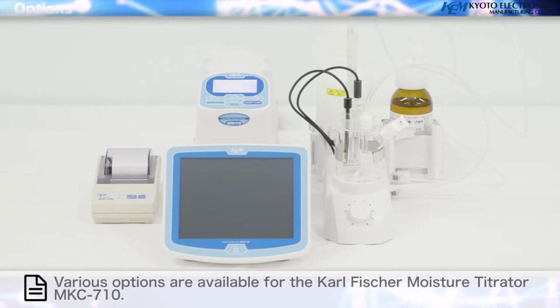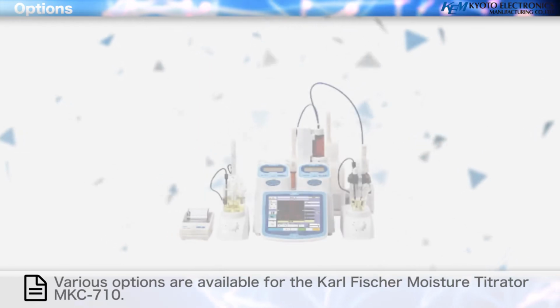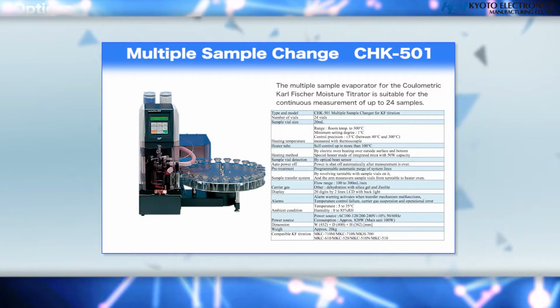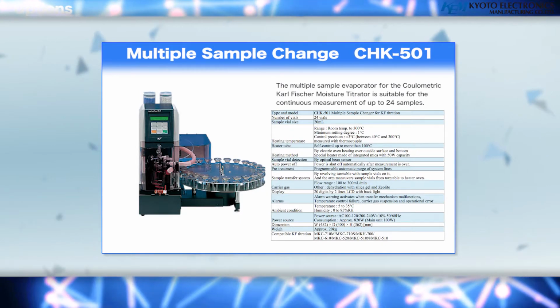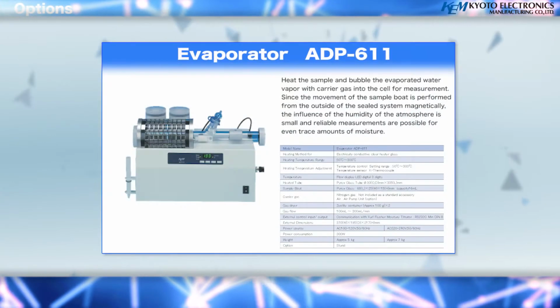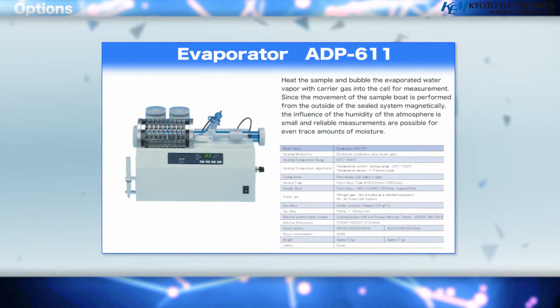Options. Various options are available for the Karl Fischer Moisture Titrator MKC 710. Multiple Sample Changer CHK 501 Non-CE. Evaporator ADP 611.